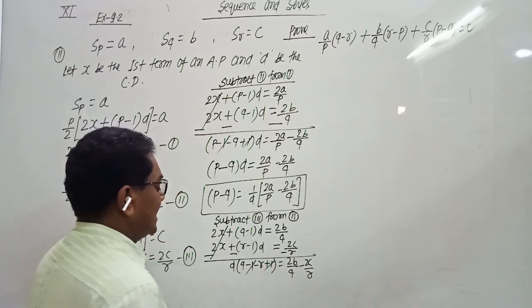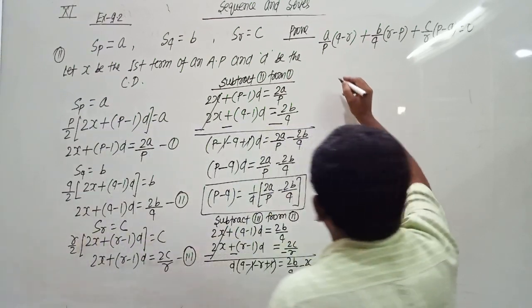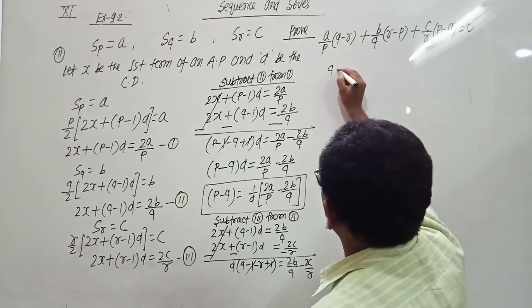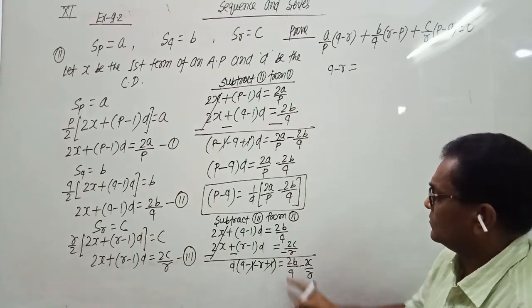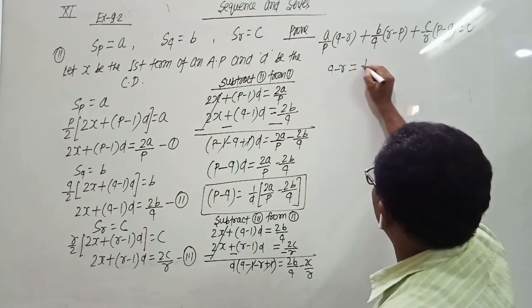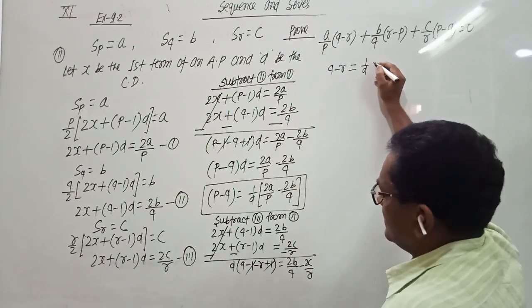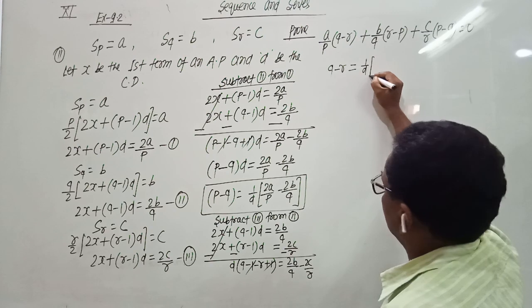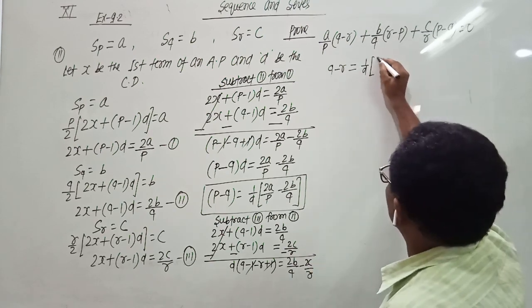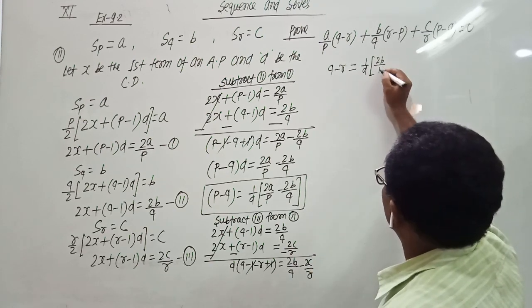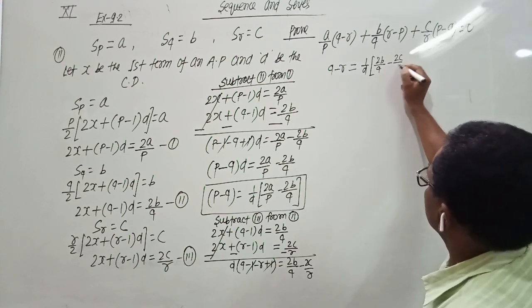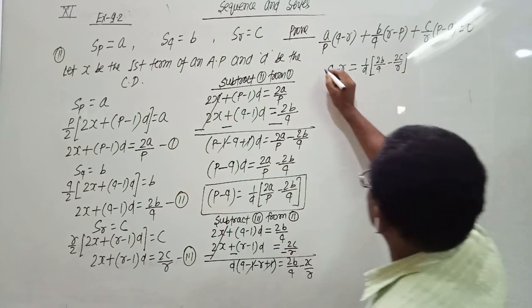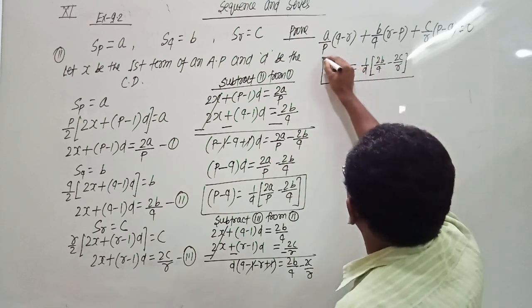Minus 1 plus 1 cancels, and we get the value of q - r: q - r = 1/d (2B/q - 2C/r). This is the value of q - r.